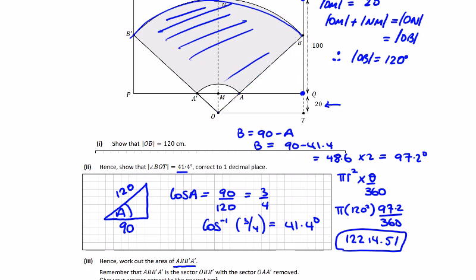The small one, well, we could use similar triangles. Maybe use this small one here where we have 20 on the side. We're looking for this guy here, we call him X. So the small triangle, I have a right angle, I have an X, and I have a 20.